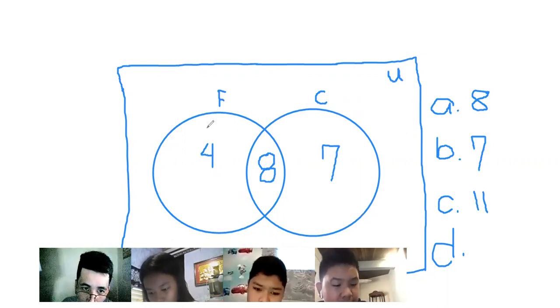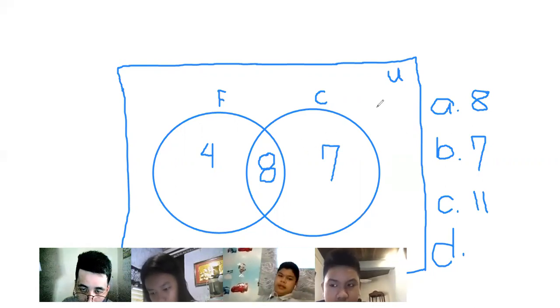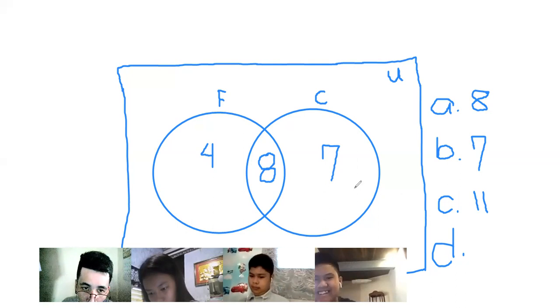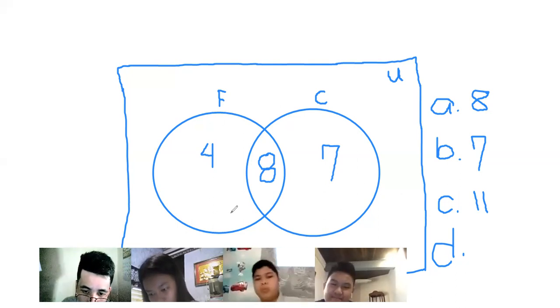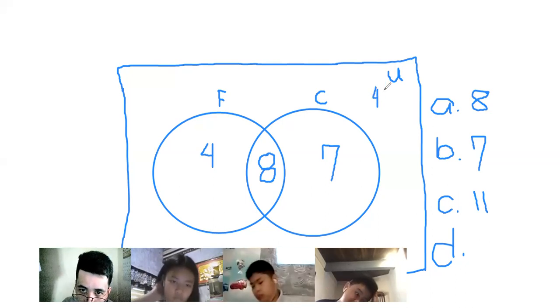Then how many students taking French or Chinese? 7 plus 8 plus 4, that's 19. So 19 lahat yung kumukuha ng language, French or Chinese. Overall, we have 40 students.